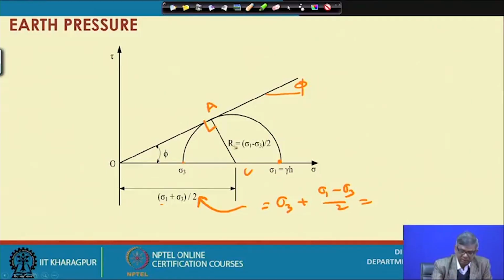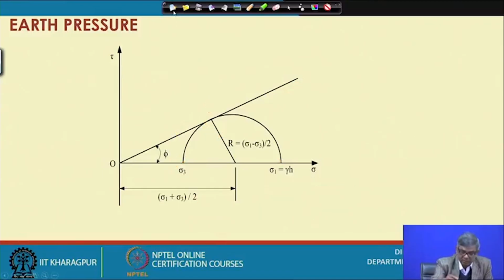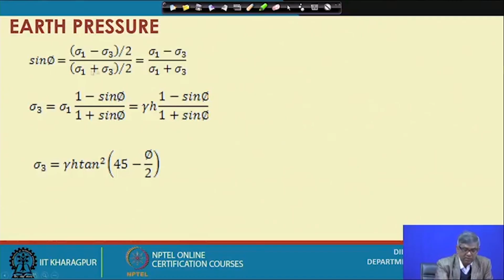So, if I take this angle, and sin is this one. Sin means actually this by this. Okay, sin is actually this by this. Sorry, this by this. So if I do that, you can see in the next slide. See, sin phi equals the radius divided by the distance from the origin to the center of the circle.